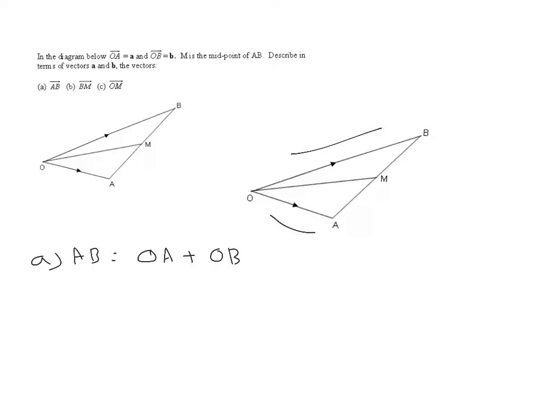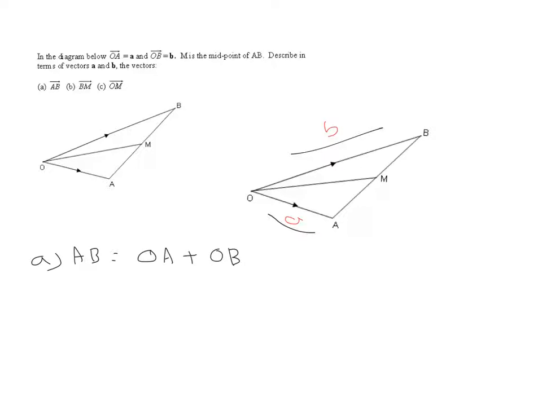We know OA equal to A, and we know OB equal to B. But because we are going in the opposite direction, did you notice here? We are going in the opposite direction.